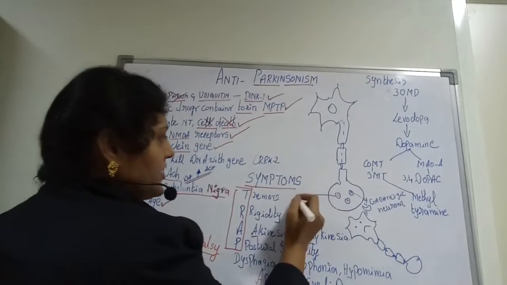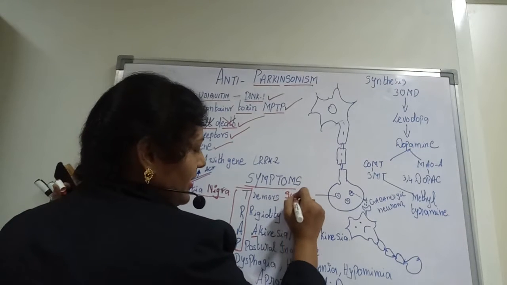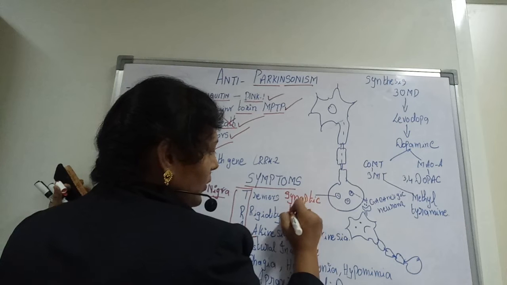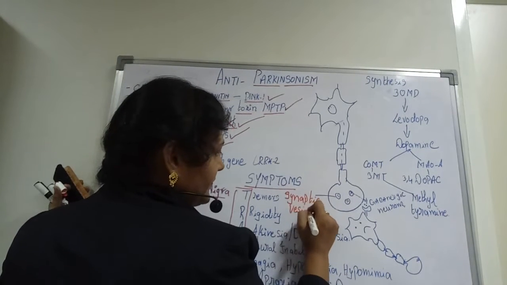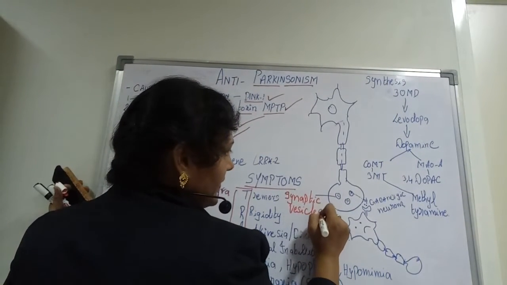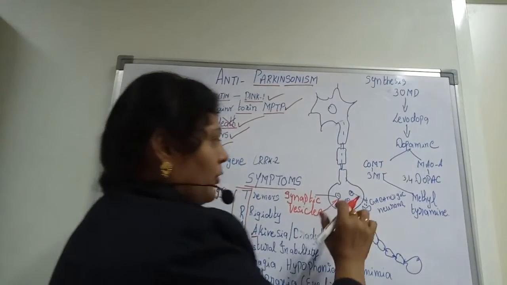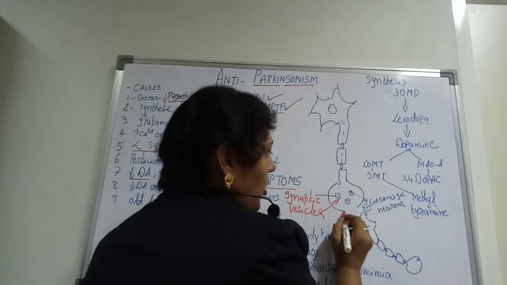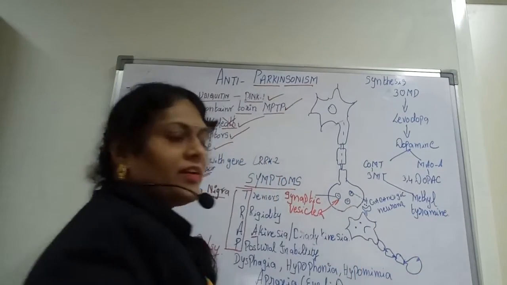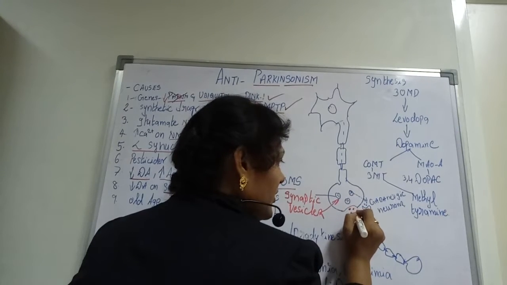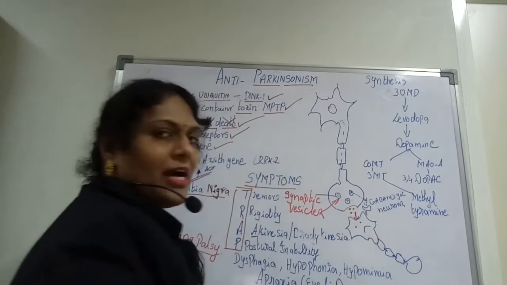These are called synaptic vesicles, which are having dopa inside them, and this dopa has to be submitted onto the GABAergic neurons for their control of inhibition. Here it is submitting onto the GABAergic neurons.